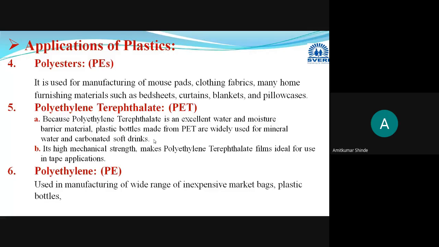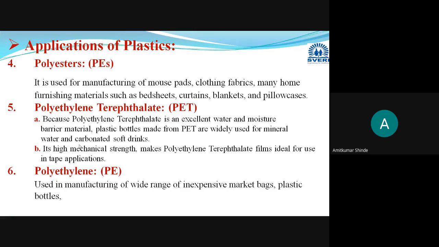These plastic bottles have wide applications. We use them for storing water, as well as for storing soft drinks, carbonated soft drinks.